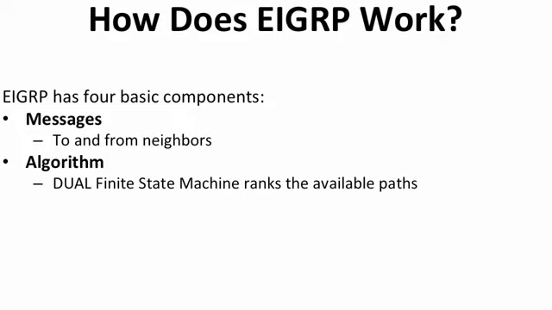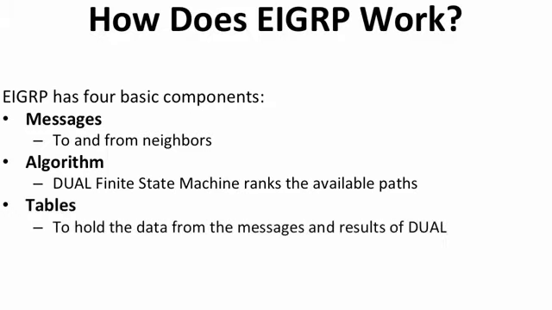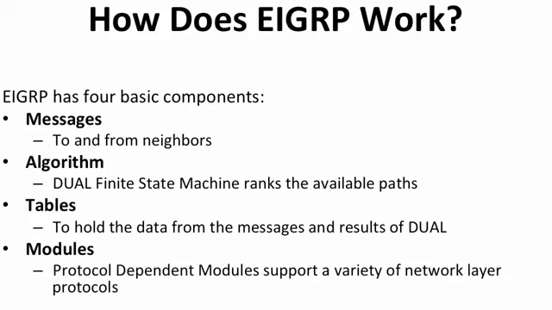Then all the information from the messages and the algorithms get put into tables. So these EIGRP tables hold the data from the algorithm and the messages. And then finally, the modules. These protocol-dependent modules support a variety of network layer protocols. So EIGRP is not limited to just IP.